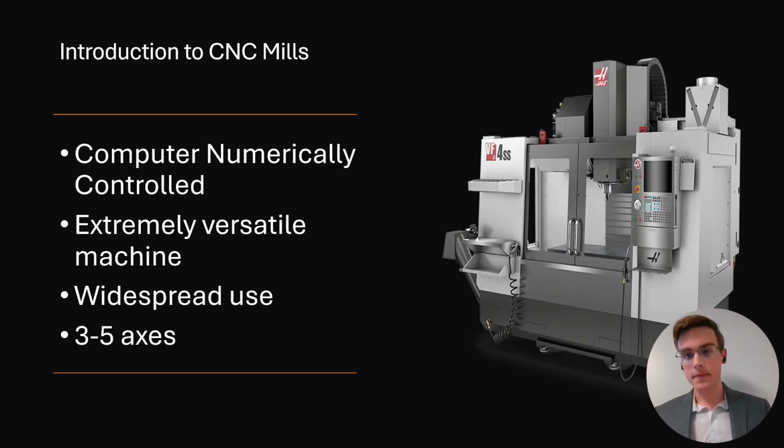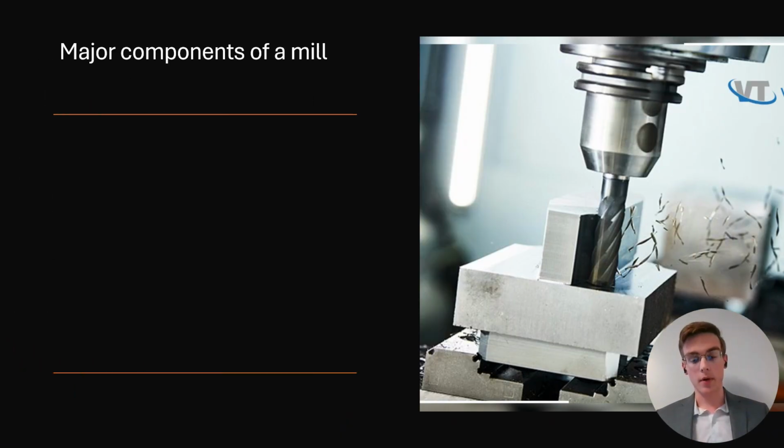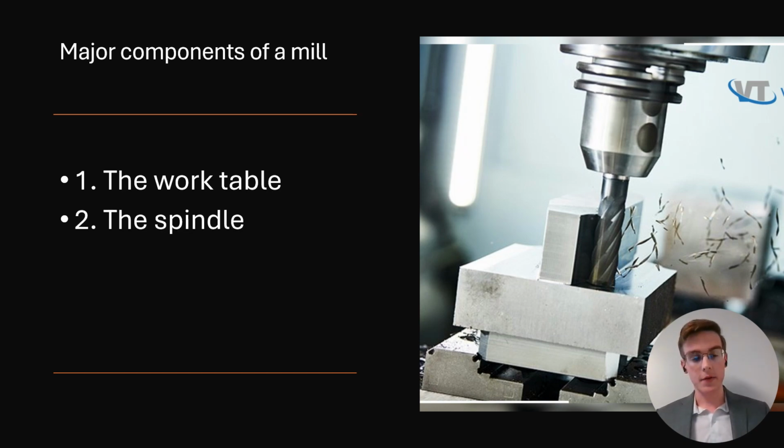So the major components of a mill that we're going to break this down into are the work table, which is the central surface that the part is attached to, that the operator actually works with. And then the spindle, which is the part that holds the tool that's in the picture here. It's what actually spins the tool and does most of the work. And then you have the control panel, which is also a very important part.